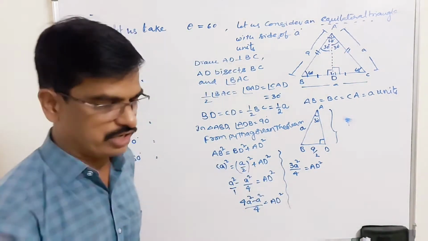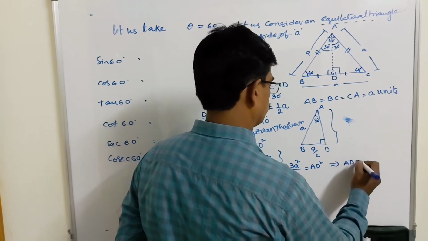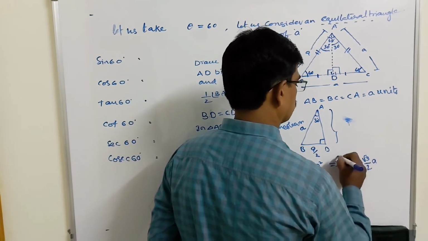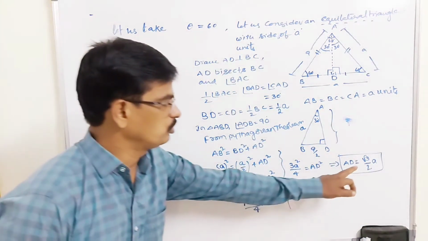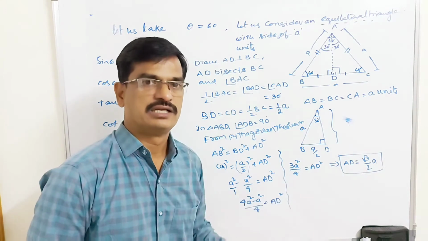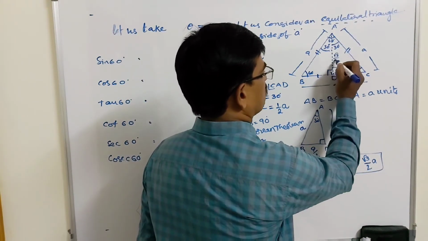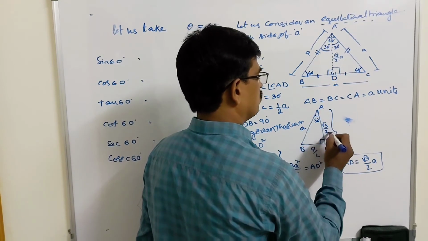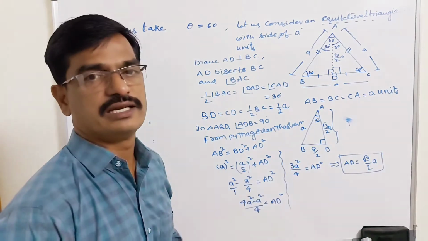Now take the square root on both sides, we get AD is equal to root 3 by 2 into a. So AD is nothing but the height of an equilateral triangle.